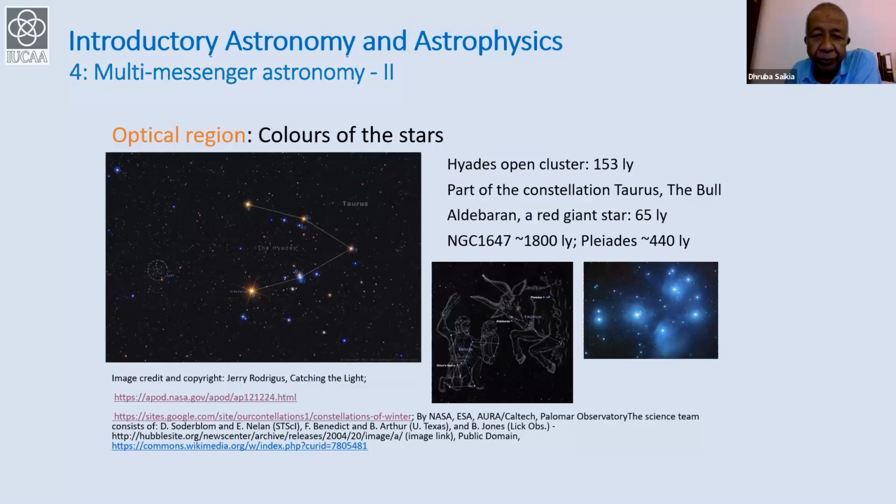And what this picture shows you on the left is the Hyades open cluster. It is about 153 light years away from us. The Hyades open cluster has been one of the fundamental clusters used for measuring distances, the first important rung in distance measurements of objects outside our own solar system or planetary system.